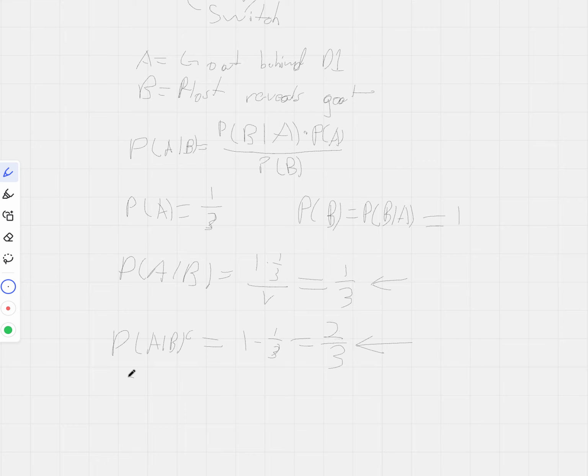So therefore, you should always switch. Now you know the right decision in the Monty Hall game.